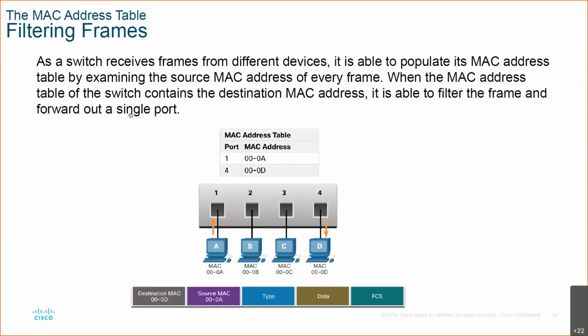When the MAC address table of a switch contains the destination MAC address, it is able to filter the frame and forward it out a single port. That is why when you create a VLAN in your switch, that VLAN can also be regarded as a single MAC address.